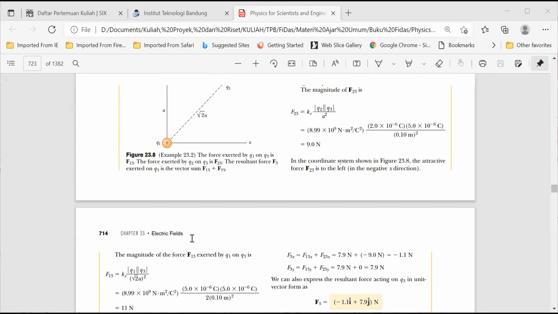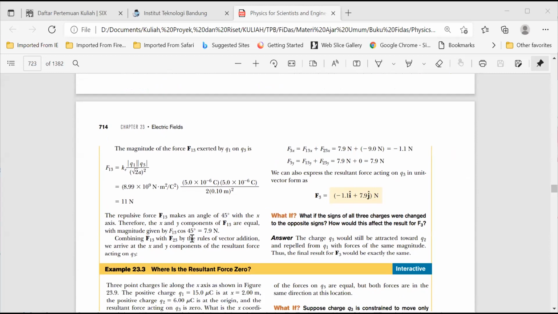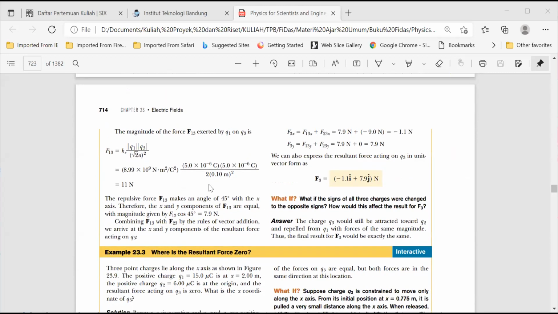And also the y component of F13 is F13 sine 45 degrees. Okay, it should be 7.9 Newton.